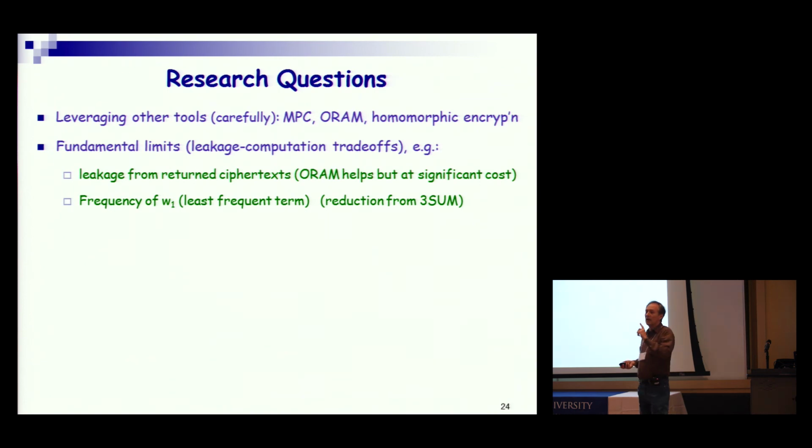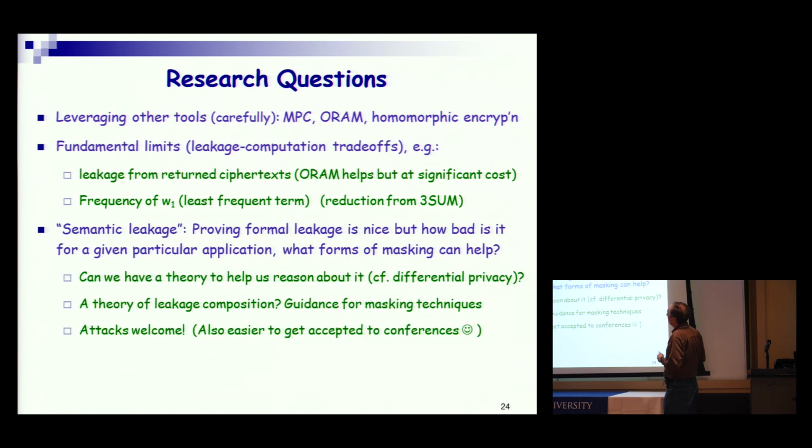Fundamental limits. We leak some stuff that you cannot avoid leaking, except if you do some crazy masking, preprocessing and stuff like that. We have very few results about which of these limits are inherent and which ones can actually be avoided. As I said, semantic leakage: understanding what leakage means for a specific application.